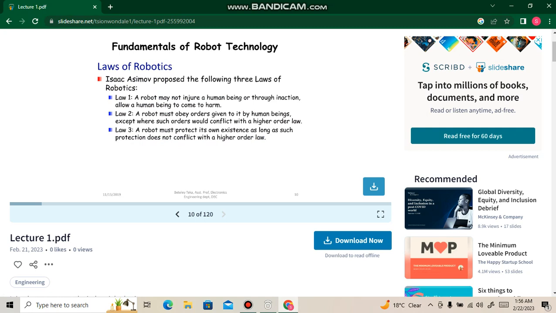Law 2: a robot must obey orders given to it by human beings, except where such orders would conflict with a higher order law. Law 3: a robot must protect its own existence as long as such protection does not conflict with a higher order law.